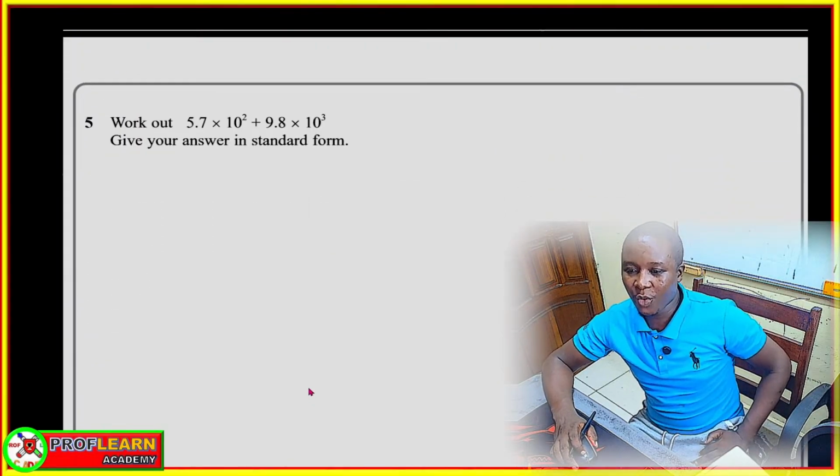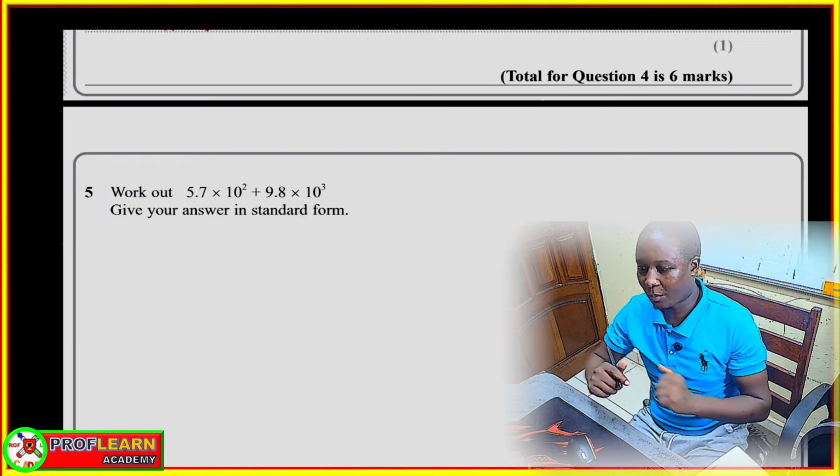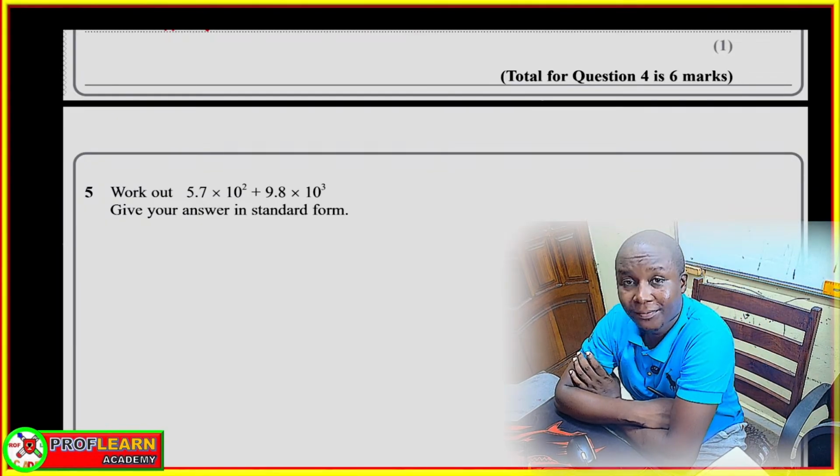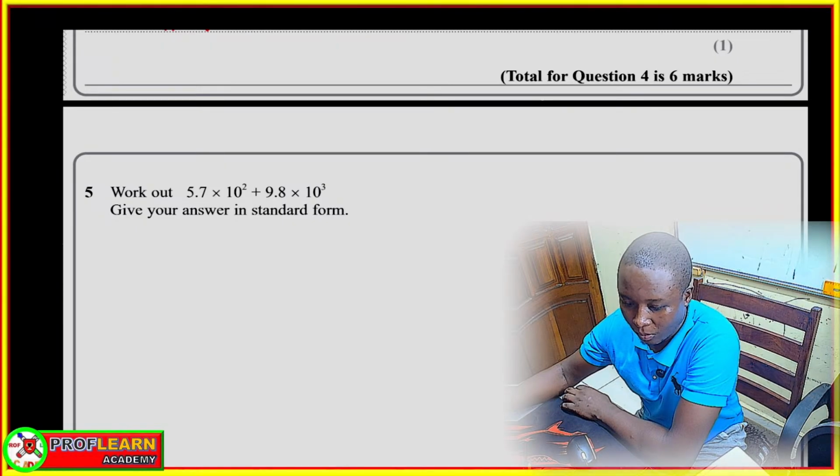Work out, give your answer in standard form. If you are given a question like this, what are you supposed to do? What's the answer for this? In standard form, you are given 5.7 times 10 raised to power 2 plus 9.8 times 10 raised to power 3. Your answer in standard form.